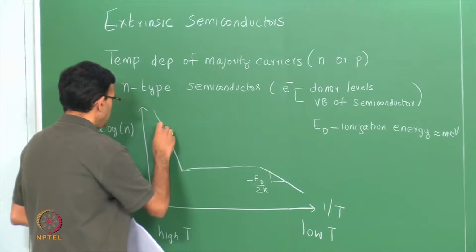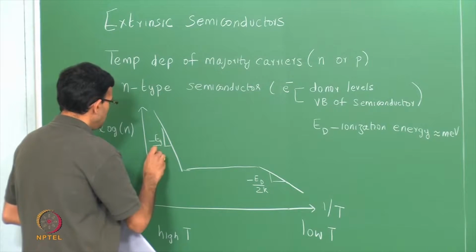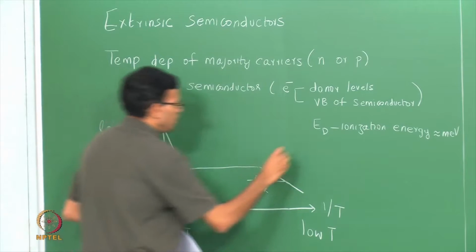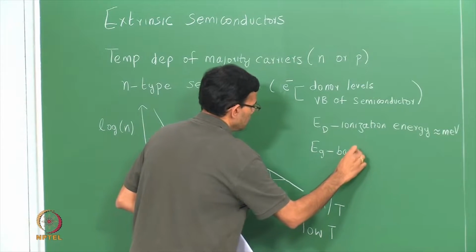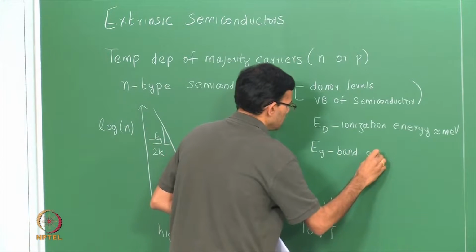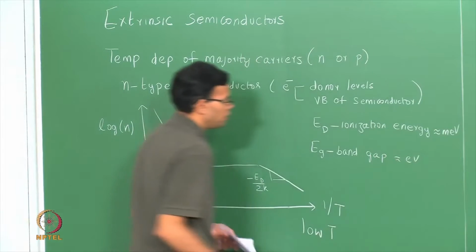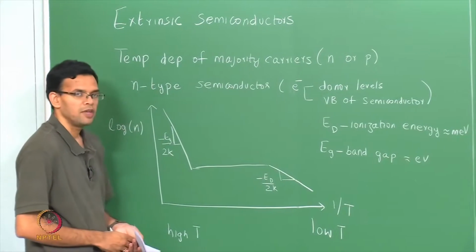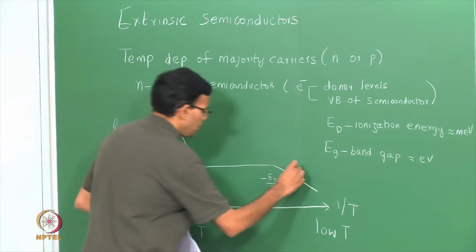So, this is the high temperature behavior, and the slope is minus Eg over 2k, where Eg is the band gap. And this is usually of the order of electron volts. So, we have three regimes in the case of an extrinsic semiconductor.